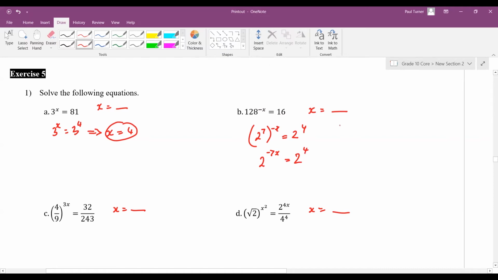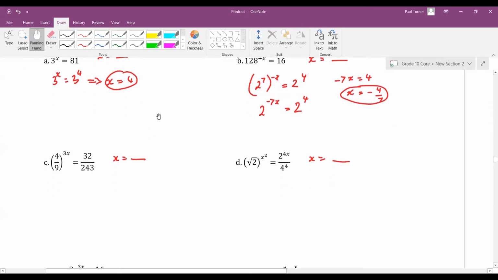So therefore, minus 7x must equal 4. So x must equal minus 4 on 7 for your answer there for that one. Any problems there? They should be pretty easy for you lot.